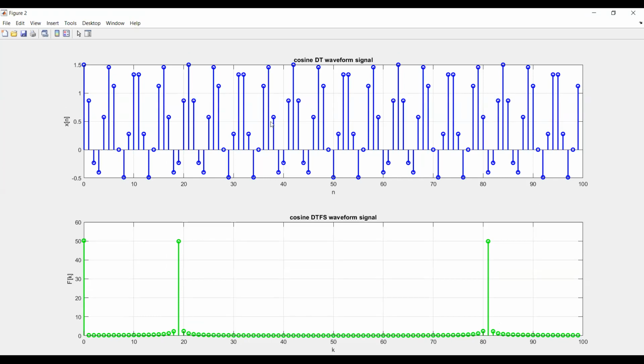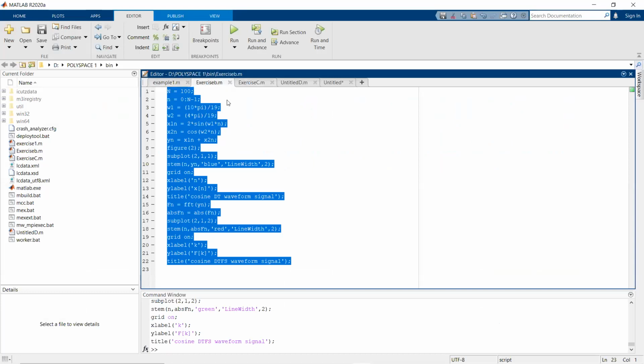The second question has N equal to 100. Only the equation changes: W1 is equal to 10 times pi divided by 19, and the second is 4 times pi divided by 19.